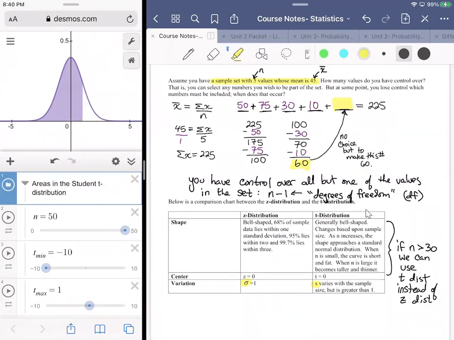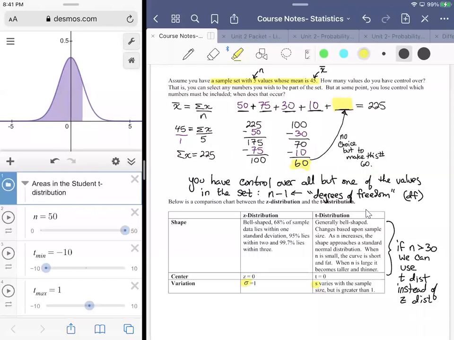Because if you think about it, the process that we use to find a population standard deviation would involve us first finding the population mean. So if we're trying to estimate what the population mean is, and we already know what the population standard deviation is, it's kind of a contradiction, because we already had to know what the population mean was in order to figure out what the population standard deviation was.